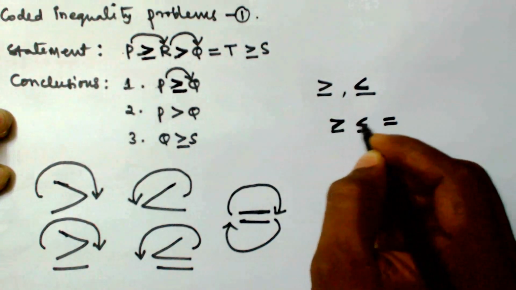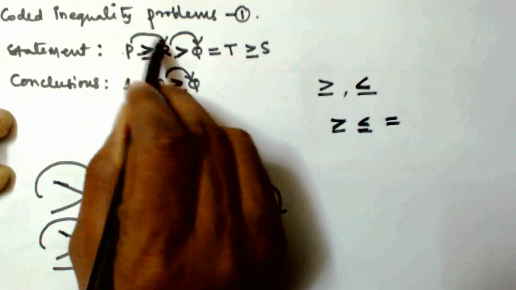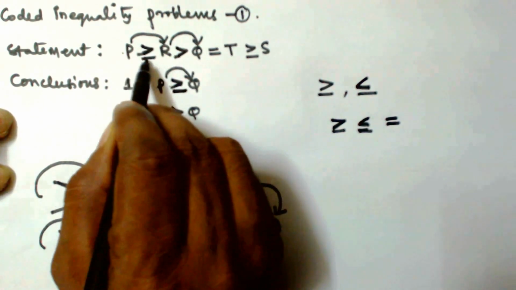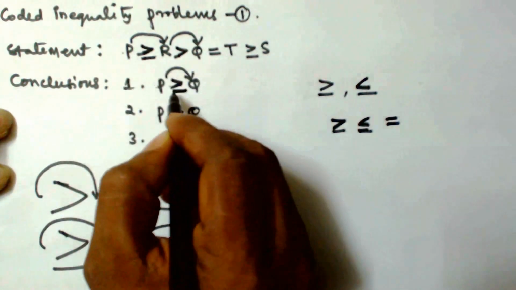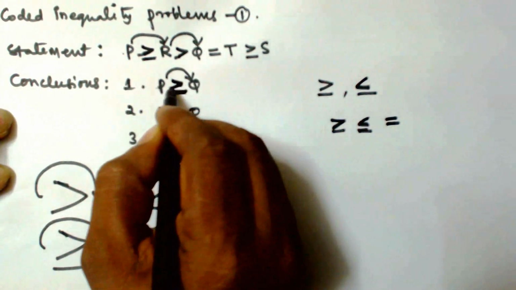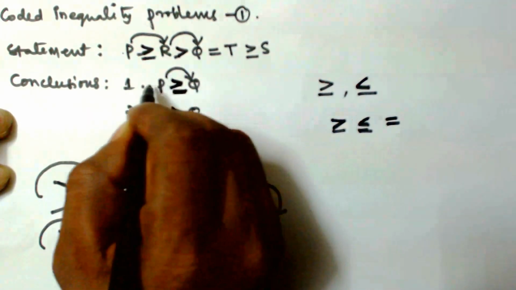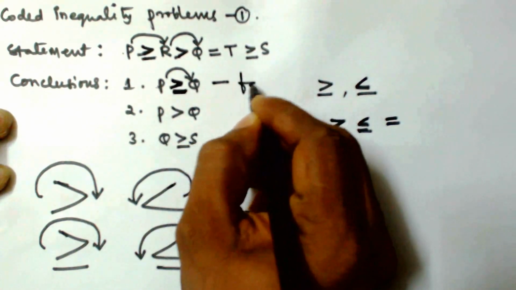In this case we have two movements, one is p to r, another one is r to q. Here the first movement contains greater than or equal to, but the second contains less than. That's why we can confirm that p greater than or equal to q is false.